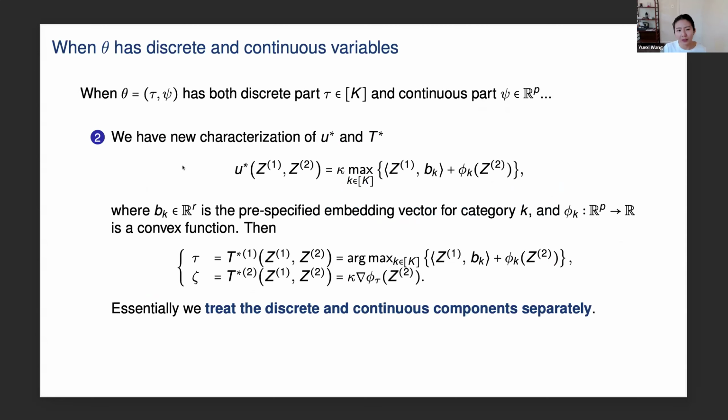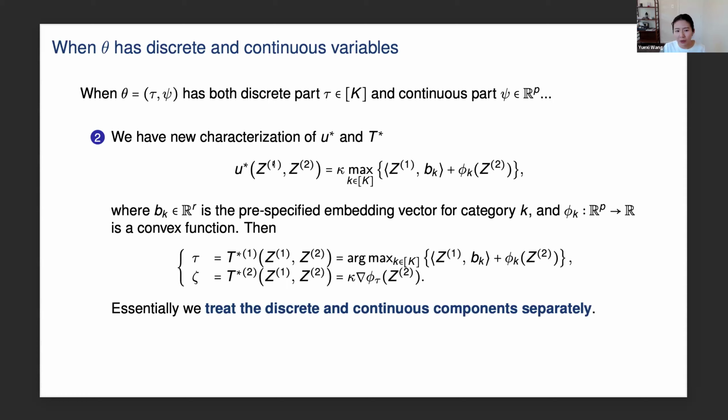And the second step is, given the new Monge problem, we will have a new characterization of the optimal potential function and the optimal transport function. The takeaway message here is we need to treat the discrete and the continuous components separately.